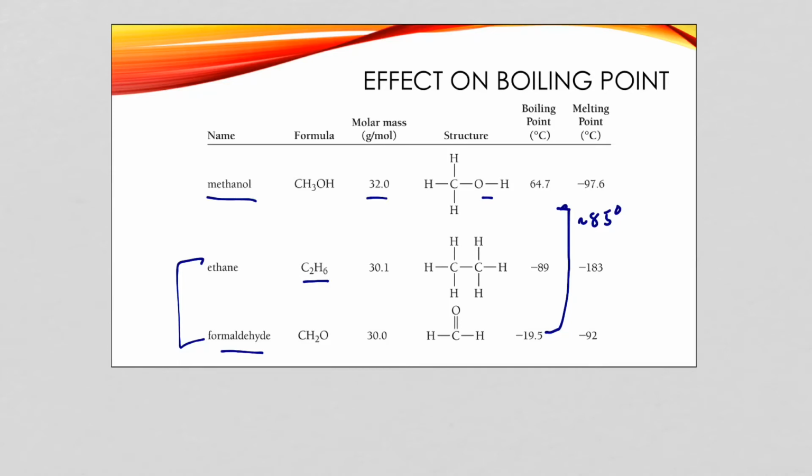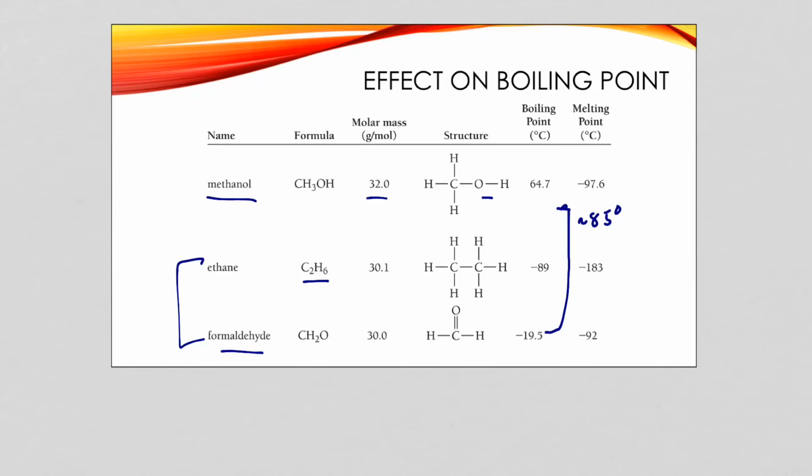Now, the other thing that becomes quite important here is that in a lot of these cases, the presence of these hydrogen bonds will change what state this material exists in under normal conditions. So ethane and formaldehyde both are gases at normal temperatures, right? If we think about room temperature at about 20 degrees, both of these are going to exist as gases.